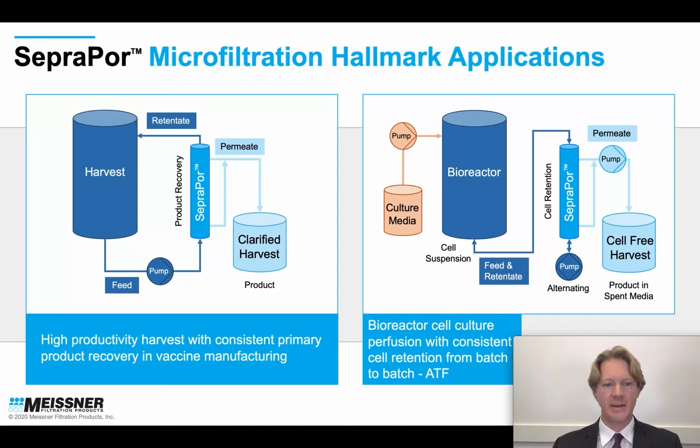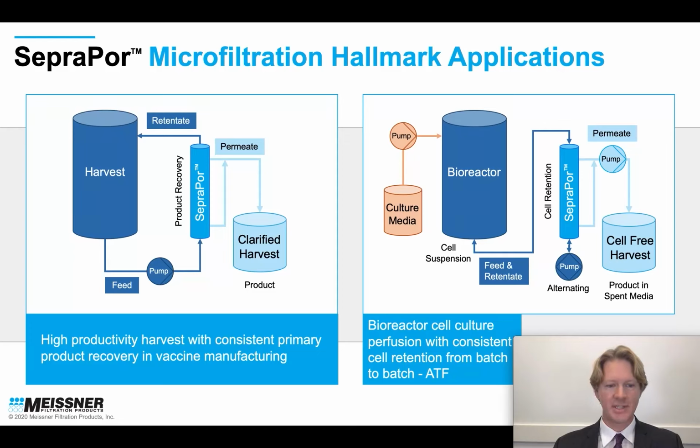SepraPor is also compatible with alternating tangential flow, or ATF, perfusion applications, in which a diaphragm pump is used for bidirectional flow across the SepraPor membrane. Shown on the right is a simplified schematic of a typical ATF setup for cell culture perfusion. The cell suspension is pumped bidirectionally from the bioreactor and across the SepraPor device by an alternating diaphragm pump.